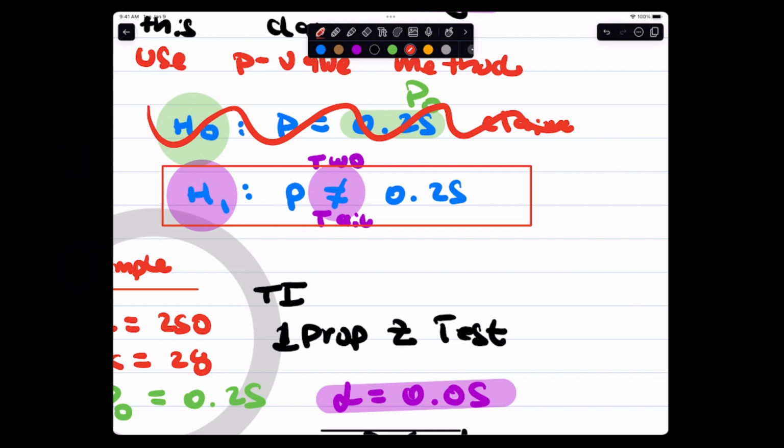What does that mean about your claim? Where is your claim? Your claim happened to be in the null hypothesis position. So that means the claim is gone.